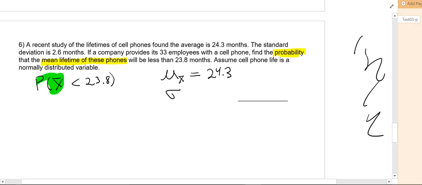But the standard deviation of the mean is the standard deviation given in the problem, which is 2.6, divided by the square root of the sample size, which is 33. When you do your math, that standard deviation comes out to be about 0.4526.